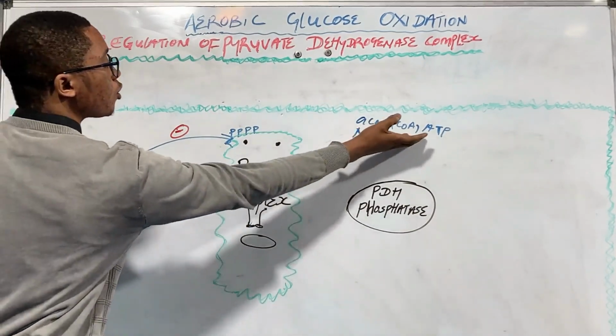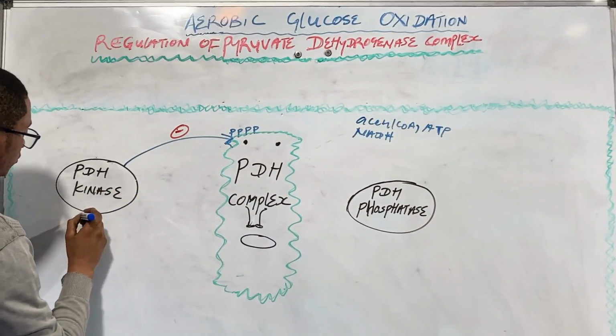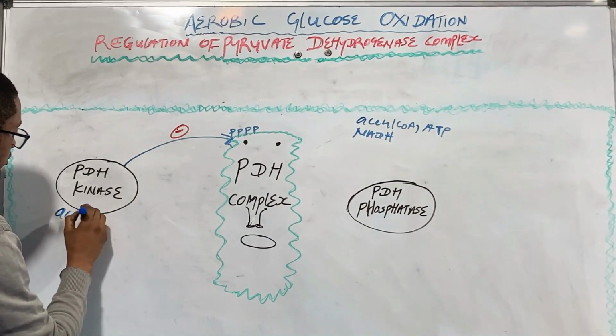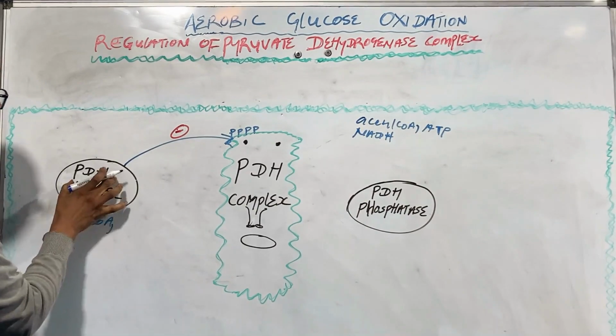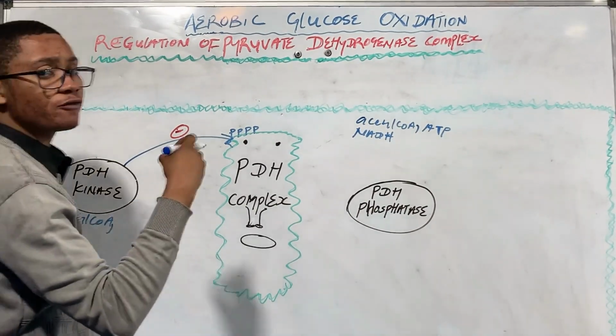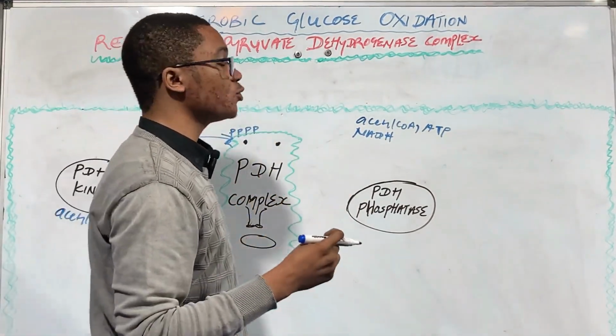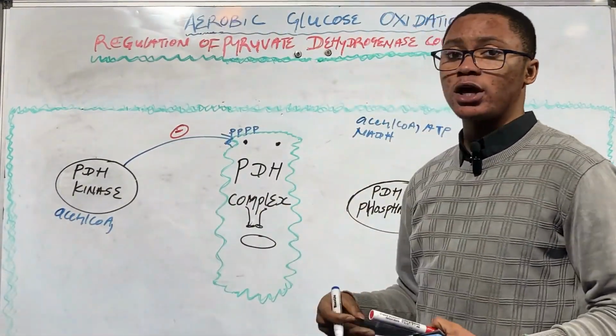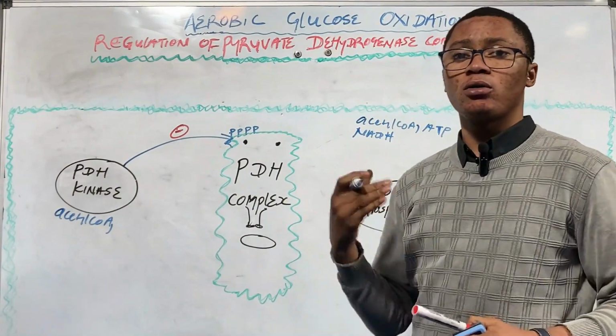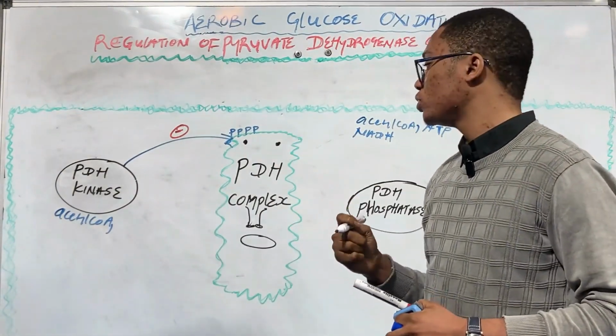So this compound, acetyl-CoA, stimulates this enzyme, because when there is a lot of acetyl-CoA in the body, it means lots of aerobic glucose oxidation is going on. This acetyl-CoA has to be given off into the Krebs cycle to yield energy.